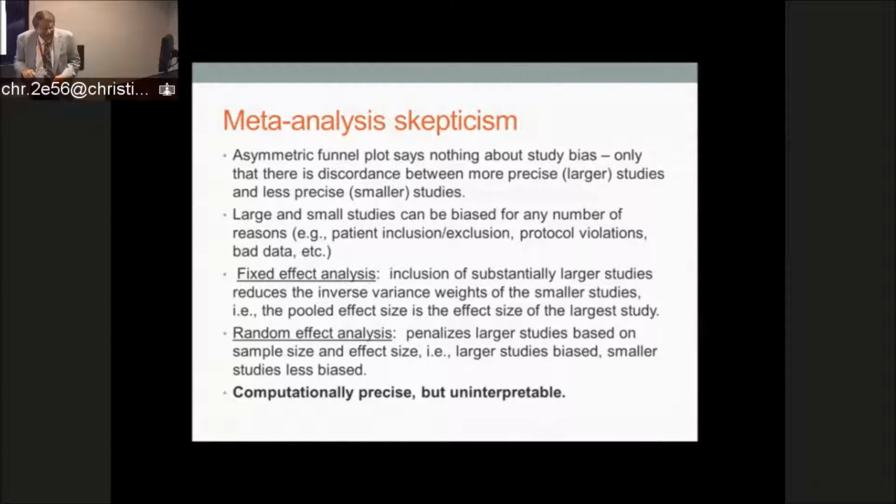Okay? I've always been sort of skeptical of meta-analyses, but I think this makes a good case for the fact that you really need to basically not trust meta-analyses.